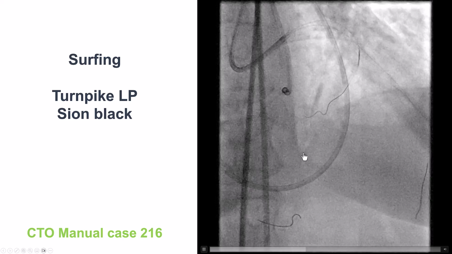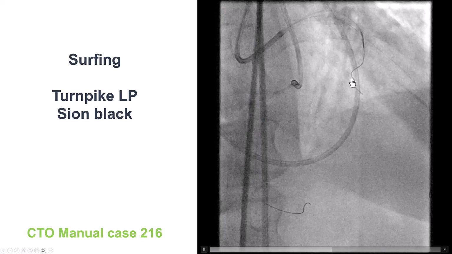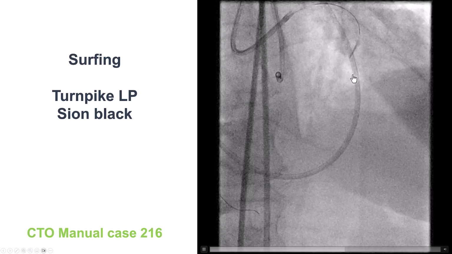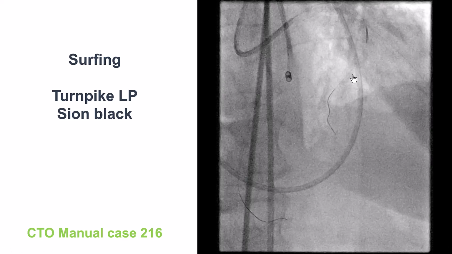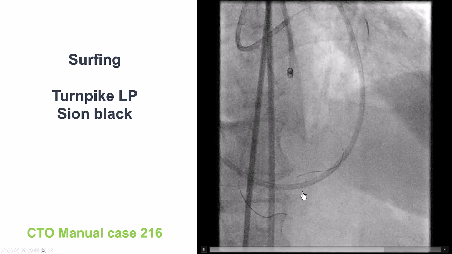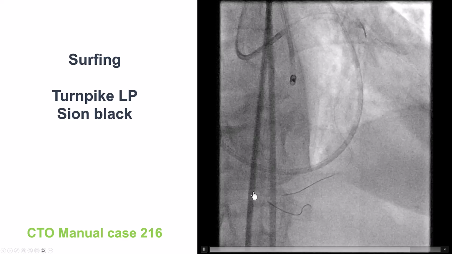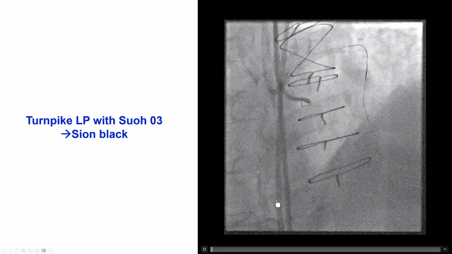Again, this is simultaneous rotation, but you cannot really see the rotation because the tip is very short. This can happen fairly quickly. Speed is your friend here because it reduces the friction and makes it easier to find the pathway. And then eventually the wire goes into the course of the RCA.